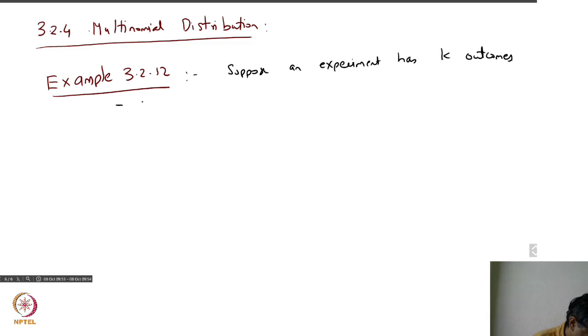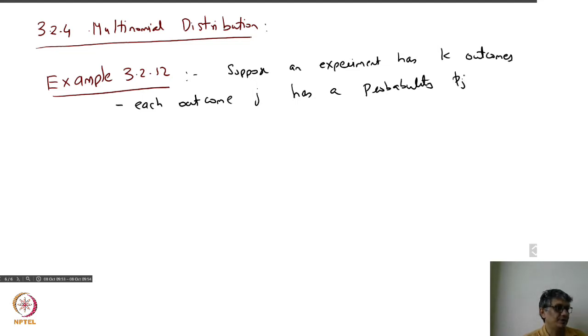And let's say each outcome j has a probability pj of occurring. So each outcome has a probability pj.